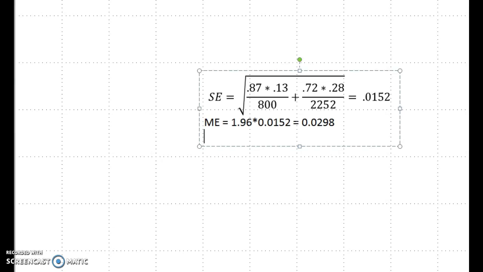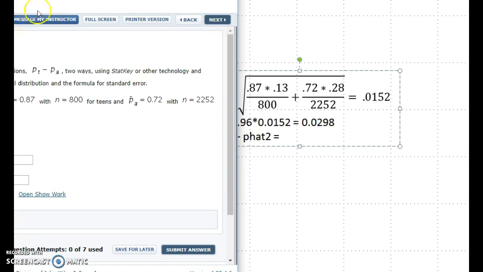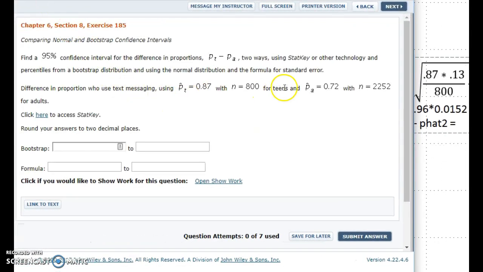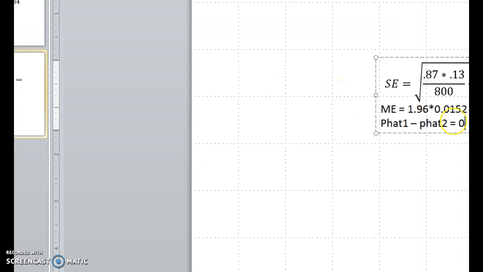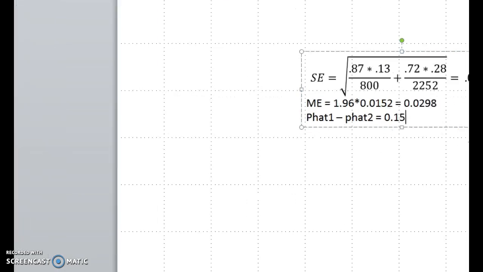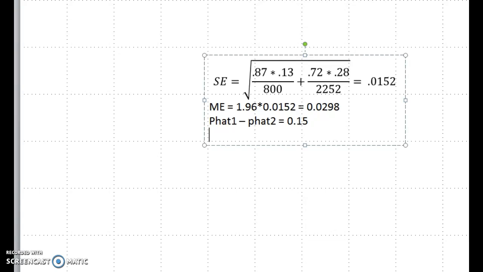And then I need to know what my p hat 1 minus p hat 2 was. I gotta go back to the Wiley plus question. Let's see, we're looking at 87 and 72, so that's 0.15. And then I can put it all together, so 0.15 plus minus, there's just no good way to write it.